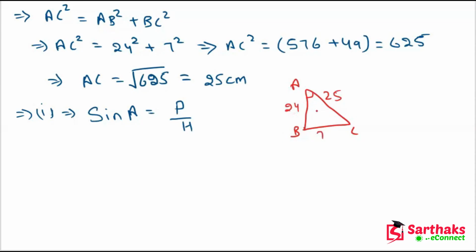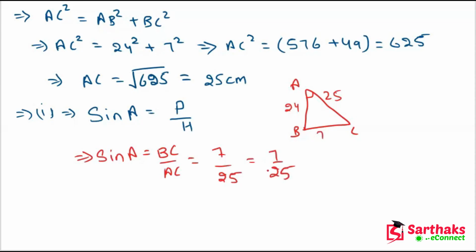In this case, perpendicular is BC and hypotenuse is AC, so sine A is equal to BC upon AC. BC is 7 and AC is 25, so the value of sine A is 7 upon 25.